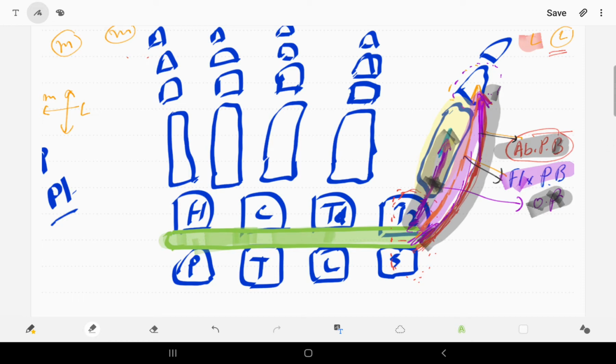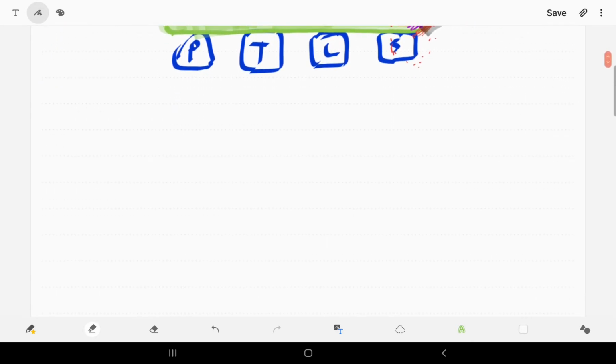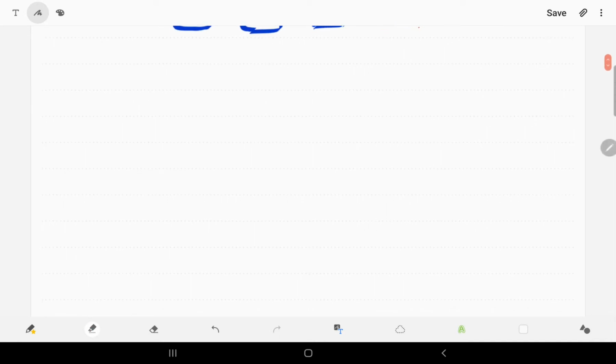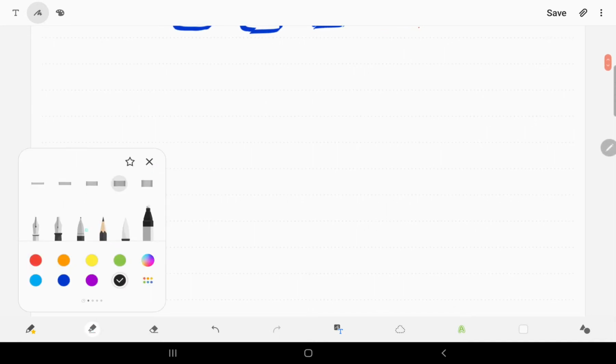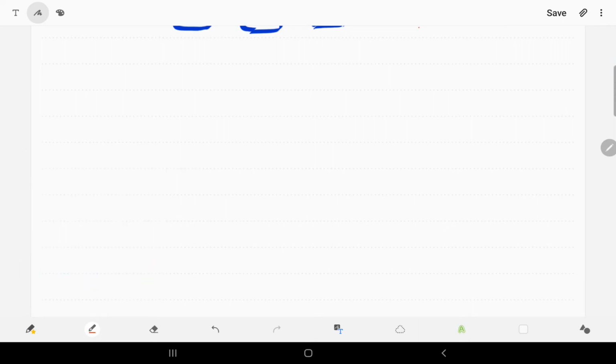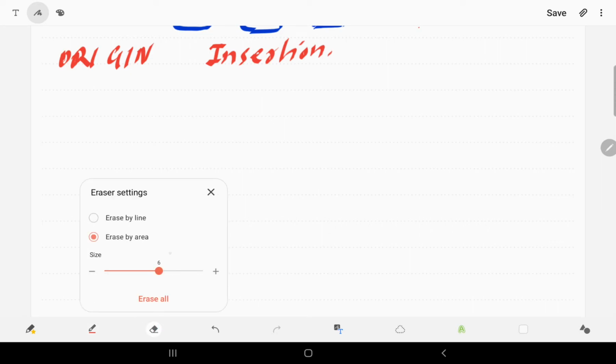Okay, so I'm going to write now the origin and insertion. Just a minute, another column is needed here.